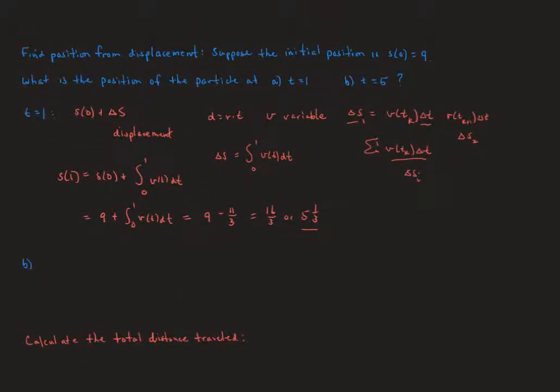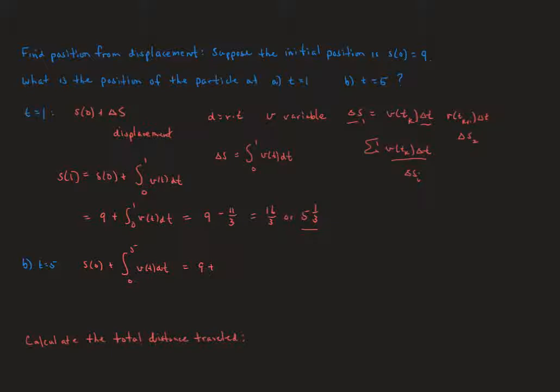So at time 5, it's that same idea. We're going to take our position at time 0 that we know, and then we're going to get our displacement or net change in position from time 0 to time 5, and that we can do again on our calculator.